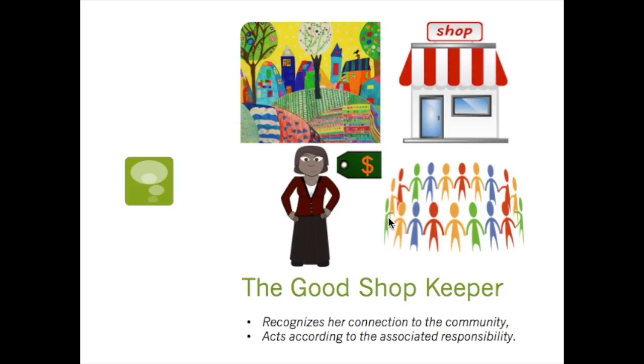Not because she would want everybody to do the same thing if someone else was in her place, not because it will bring the most happiness to the village, not because she wants to be a virtuous person, but because she feels that she's connected with her community, with all the people in her community, and because she recognizes that connection to the community, she acts accordingly to the responsibility she has towards that community, which is to keep her prices low.